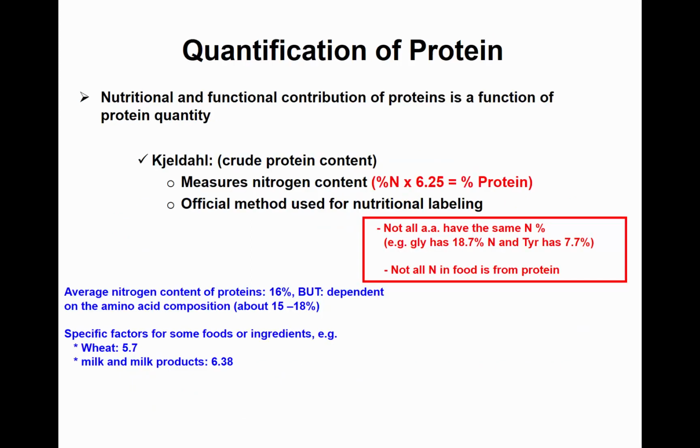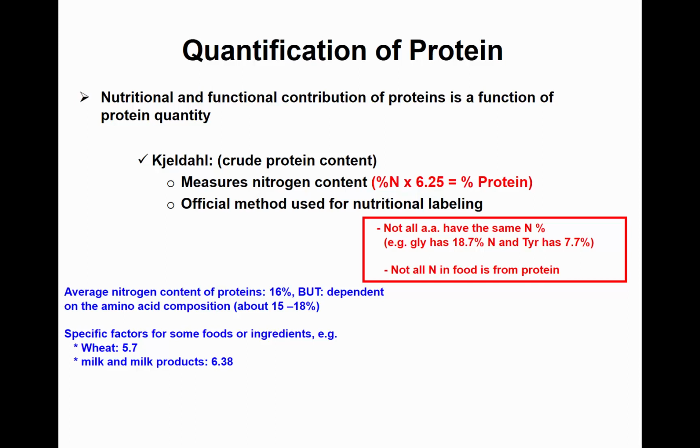Okay, the last piece in this topic is how do we quantify protein? There are so many different ways to quantify protein, but the gold standard method usually used to determine protein for nutrition labeling purposes is the Kjeldahl, and you'll learn more about it in food analysis.